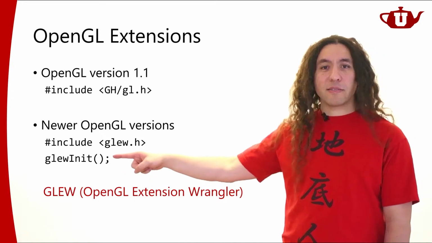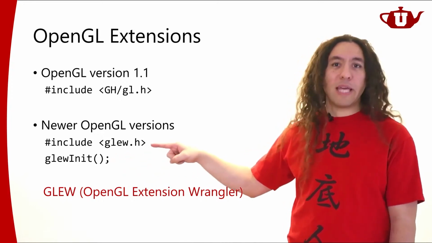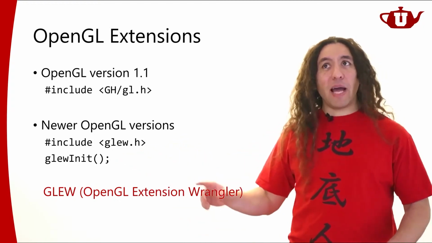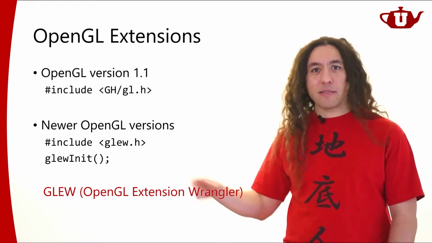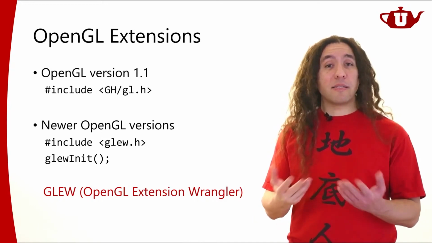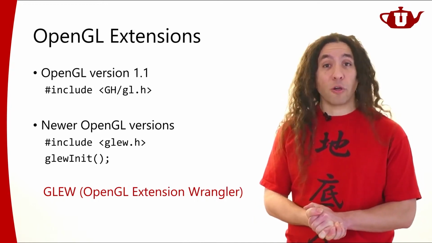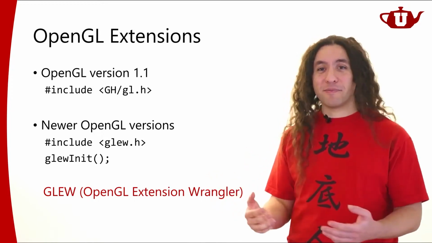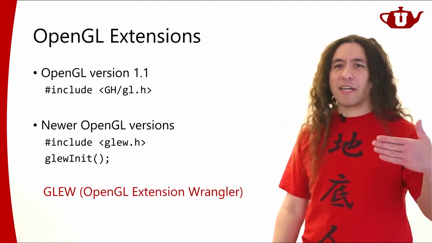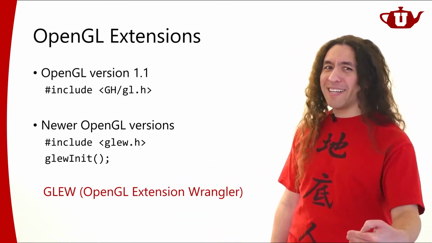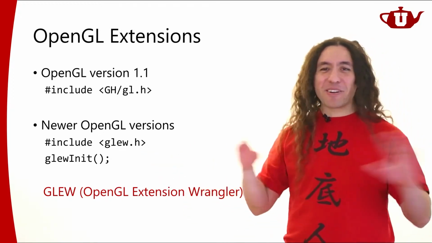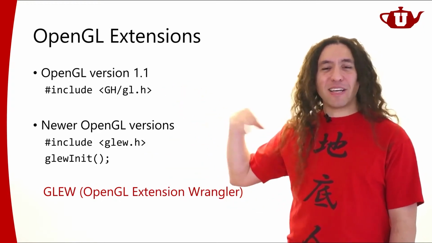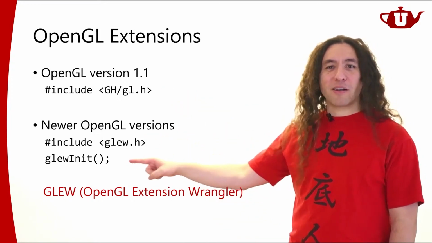You include this somewhere in your code, and then you call one line in the beginning of your code, after you generate your OpenGL context, that is. This will initialize all of these OpenGL extension functions for you, and you can call those functions as if they already exist. Technically, they're still function pointers, but you can call them just like normal functions, just like they're defined in this header file. It won't matter.